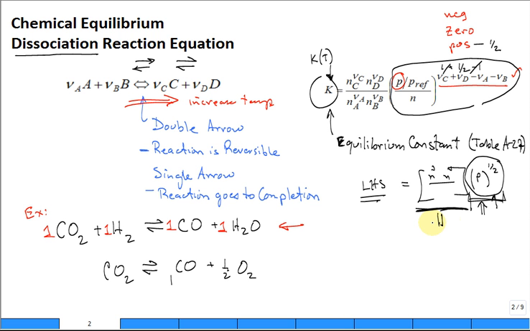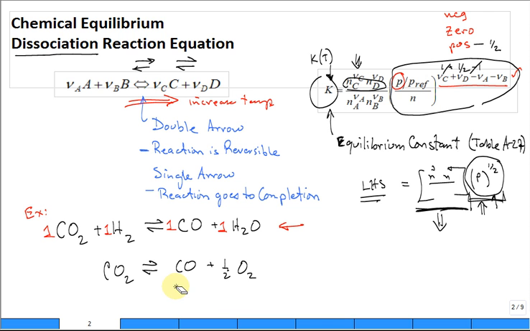It has to go down, right? Because they multiply to equal a constant. So if it's going down, the numerator is smaller, it decreases. So the amount of C and the amount of D decreases, and it pushes it backwards. The equilibrium is more shifted toward what's on the left side of the equation, or backwards, not forwards in the reaction.